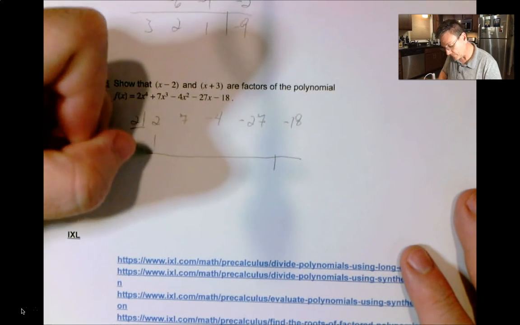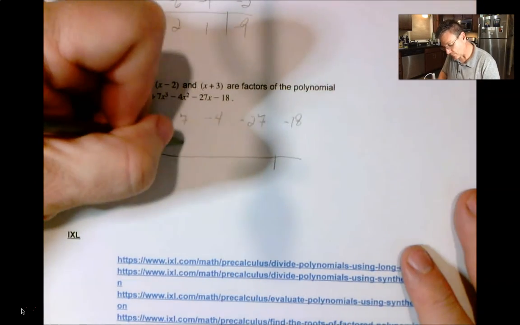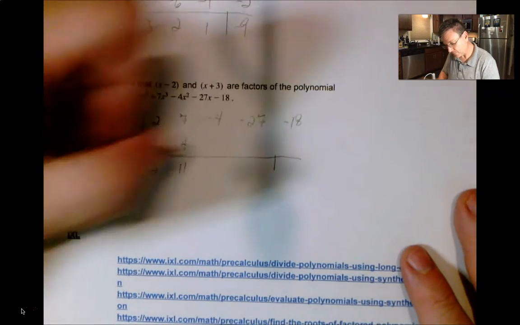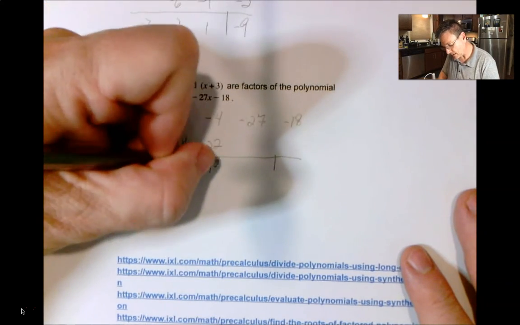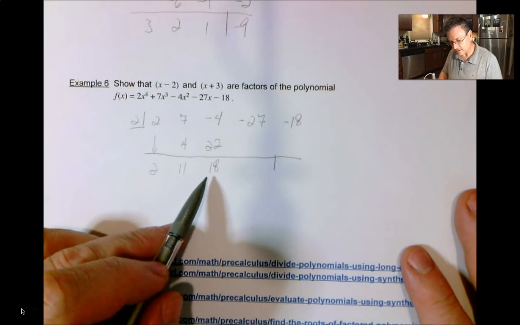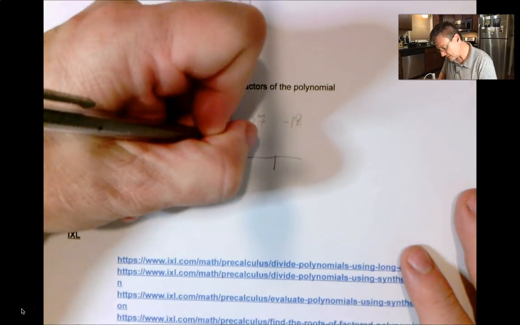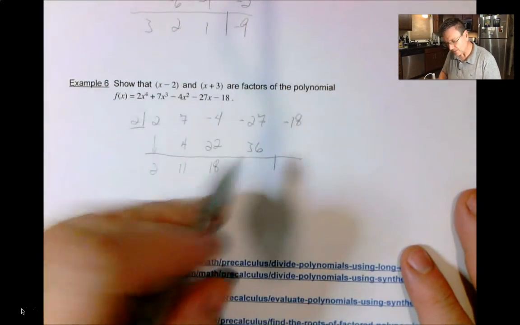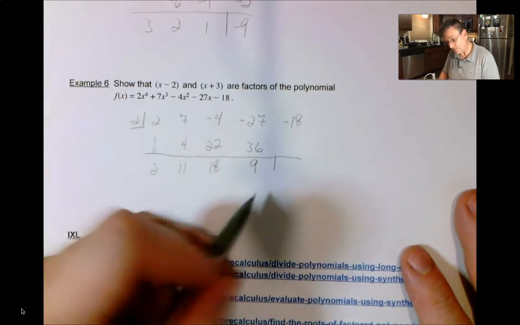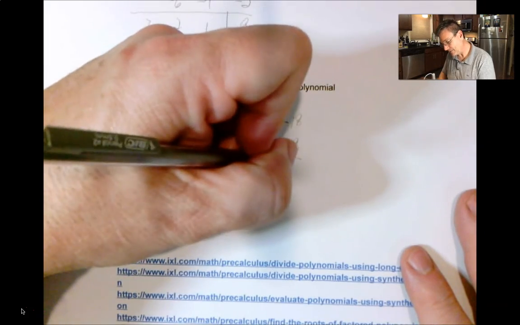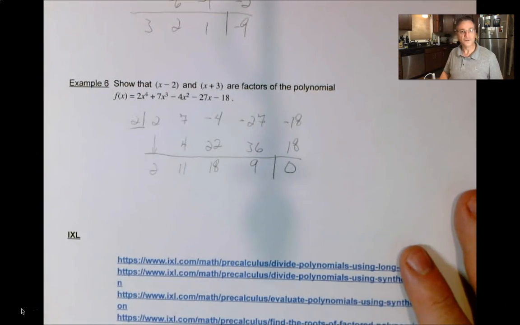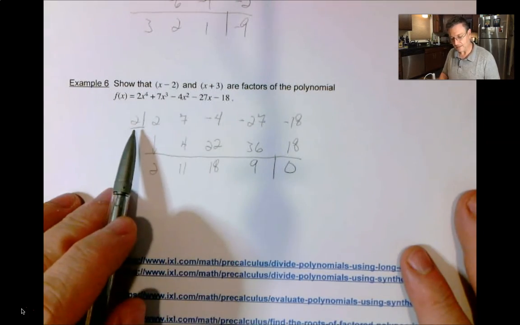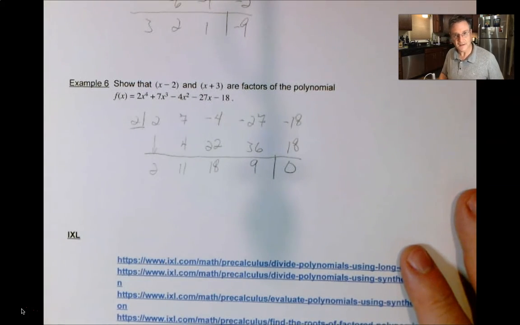Carry down the 2. 4, 11, 22, 18. 2 times 18, 20, 36. 36, 9. 2 times 9 is 18. 0. We've just shown that x minus 2 is a factor of the polynomial.